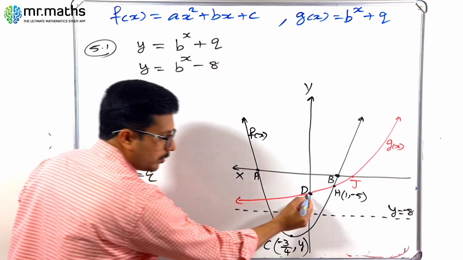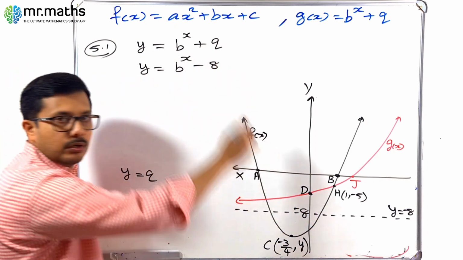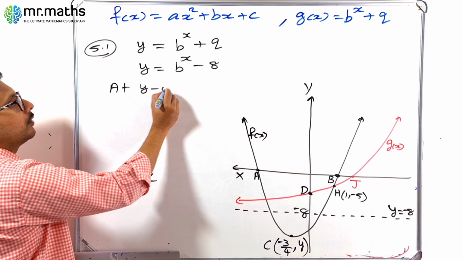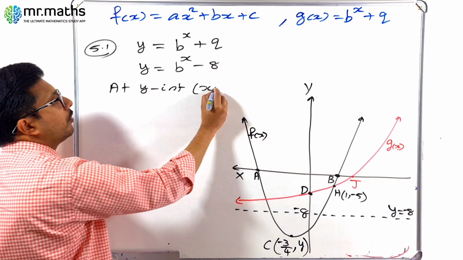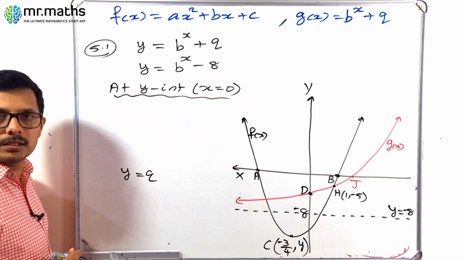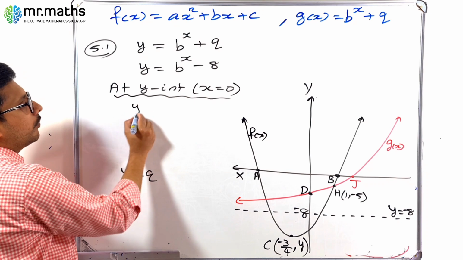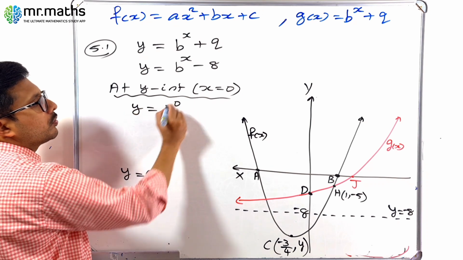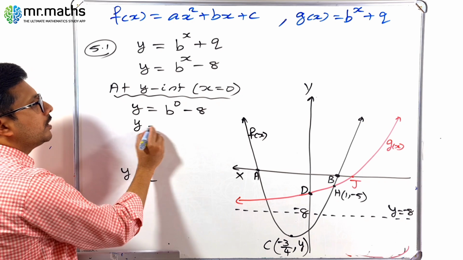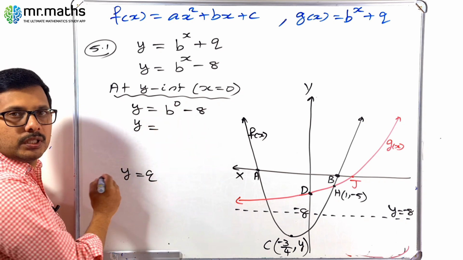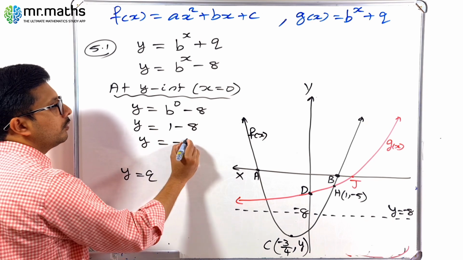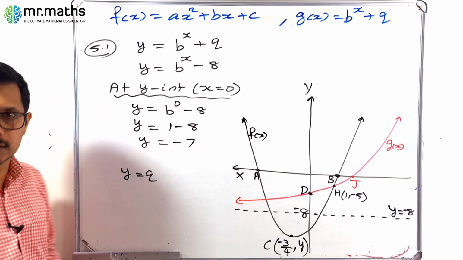And this point is the y-intercept. So at y-intercept, you know that the value of x is 0. So substitute here, y is equal to b raised to 0 minus 8. Any number raised to 0 is 1. So 1 minus 8, so y is equal to minus 7.